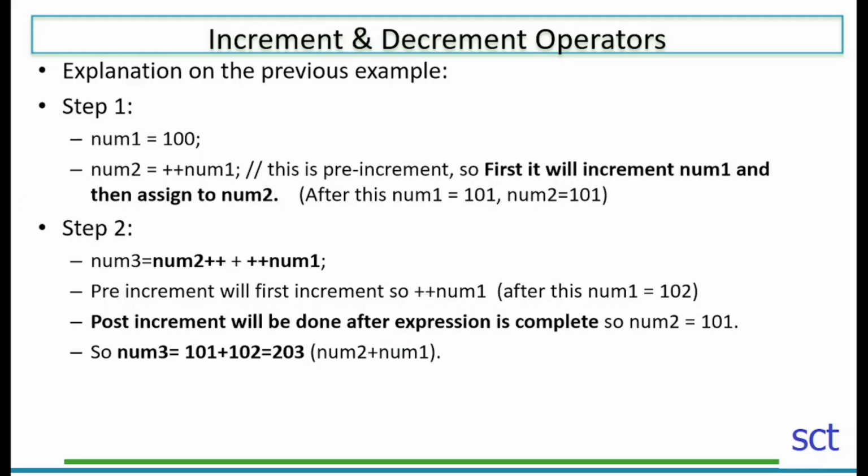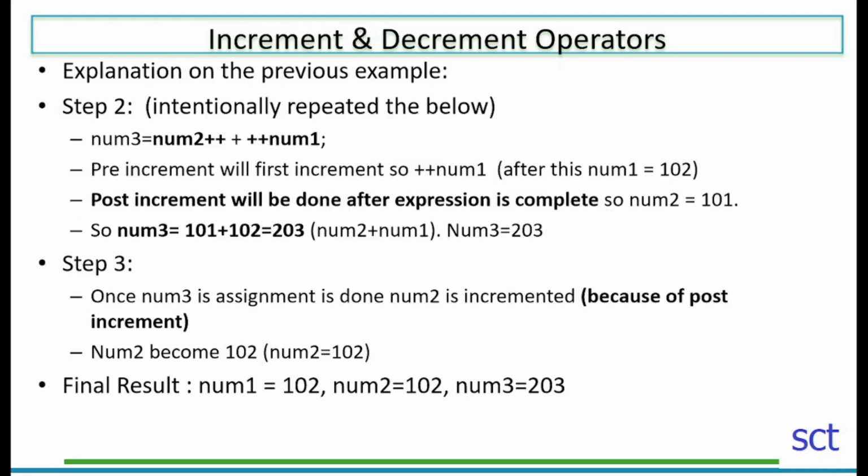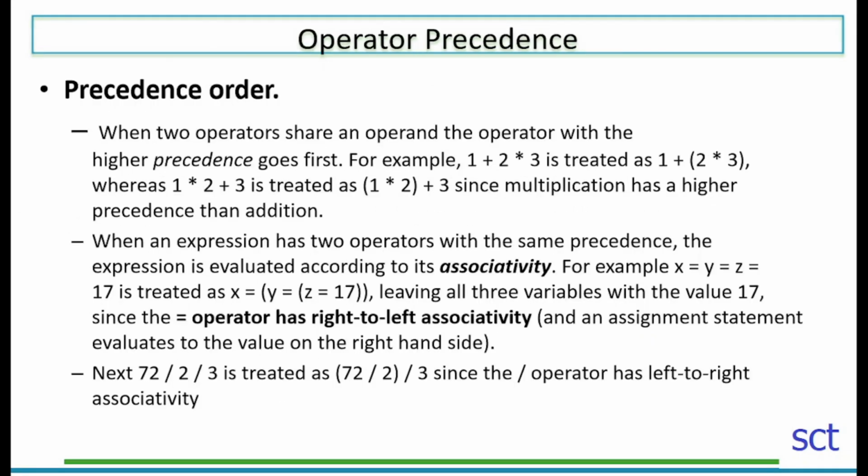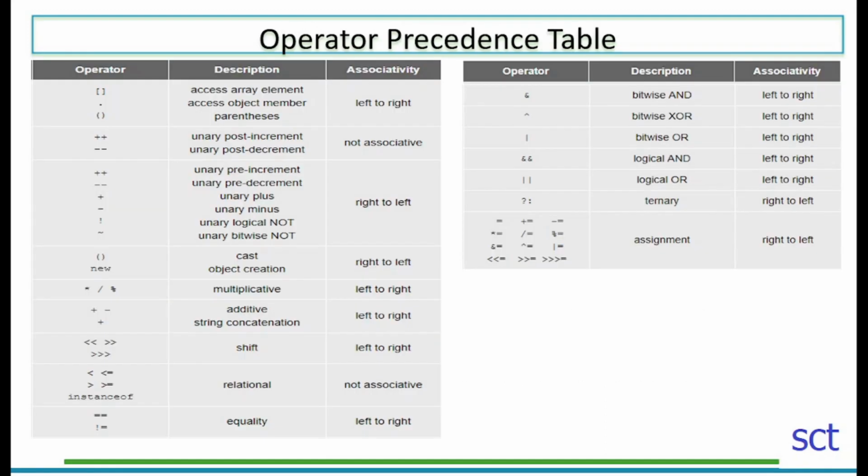So, this is what is happening here. Okay. So, precedence of operators is very simple. Depending upon the different operator type, that will be first executed. Like for example, you have different operators like this.